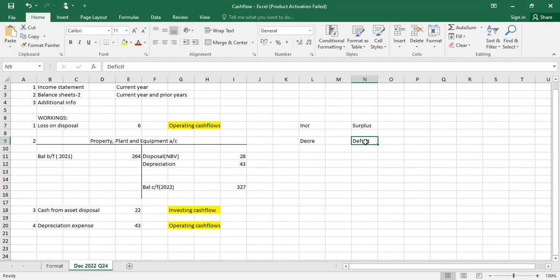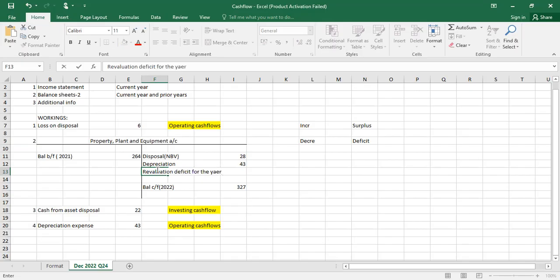And that means that consequently, the PPE also decreased by that decrease in that reserve. Remember that to decrease PPE, we've said that credit, and in this case, we shall narrate that this is revaluation deficit for the year.